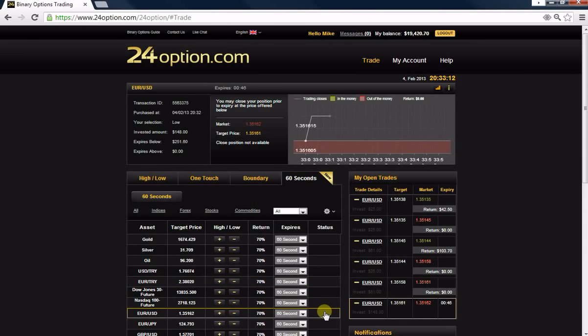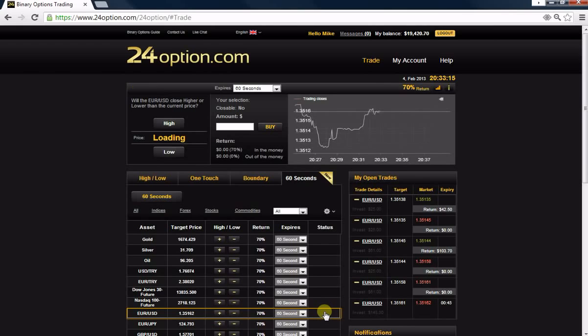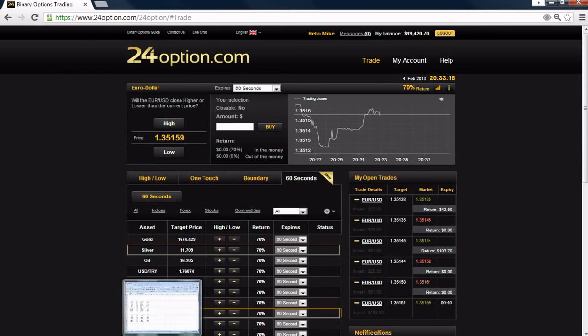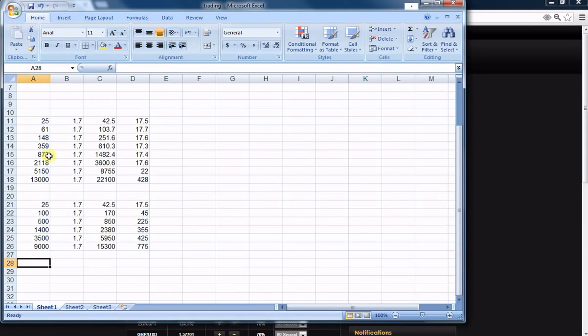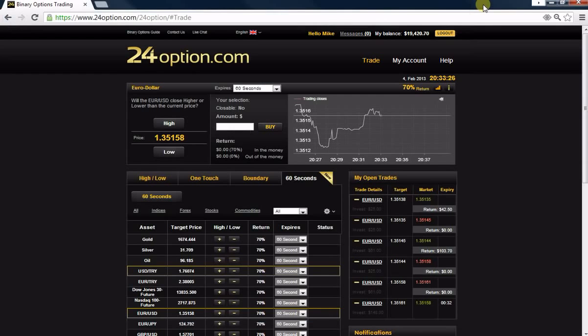Again, not to worry. The whole reason why this trading system works is that you're going to be able to make back on the subsequent trade everything that you previously lost plus $17. So $359 is going to be our next trade. Just in case we lose, I'm going to get this prepared.